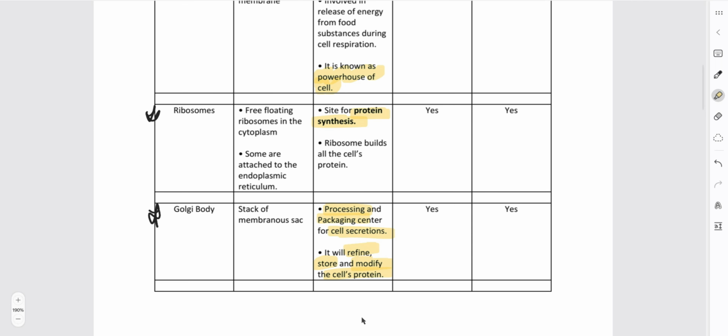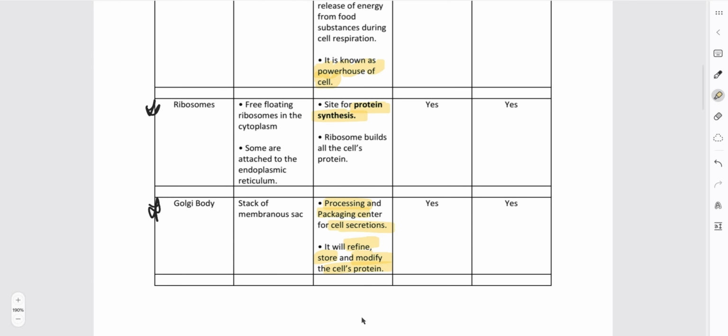The protein from the ribosome goes into the Golgi body where it is stored, refined, and modified to become a specific type, such as an enzyme that digests carbohydrates, or an enzyme that digests lipids. So that specific function of the protein is determined by the Golgi body.